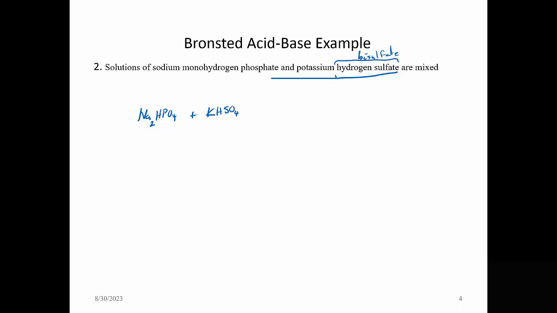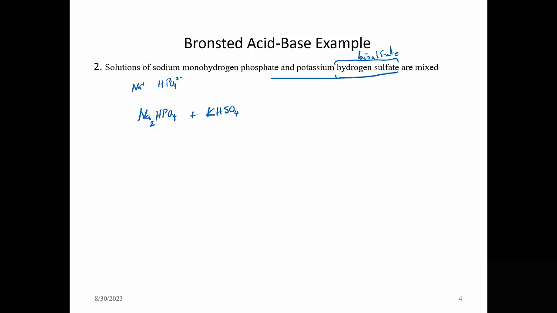And so what are the ions here? Now, this is a bit different than the last one. In the last one, it was phosphate. In this one, I'm not going to go to phosphate. In this one, the ions are this. I have the sodium ion here, and then I have the monohydrogen phosphate ion here.